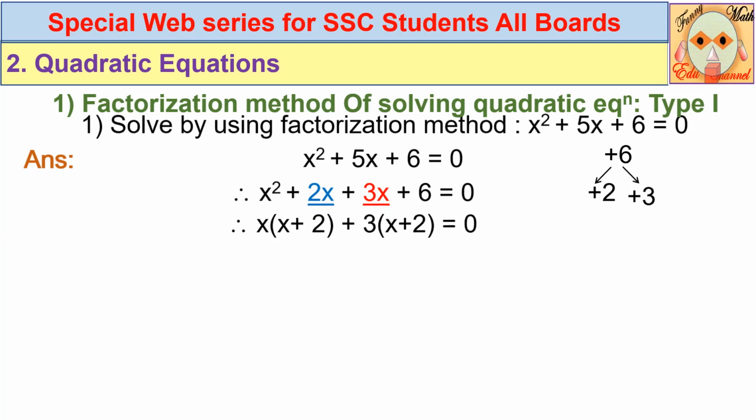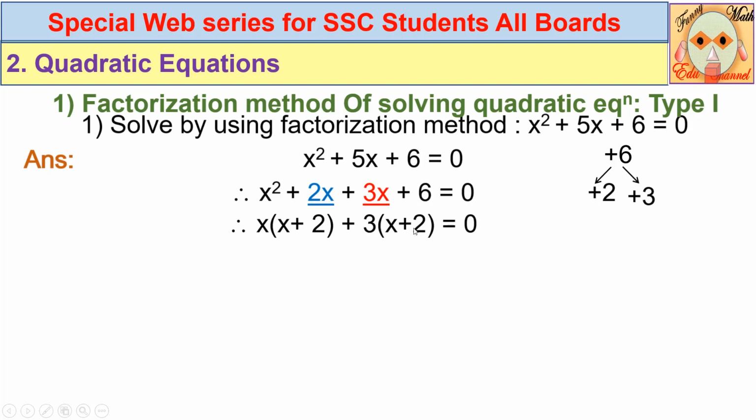Now, as I have told, here x square contains x into x, that can be written as x inside bracket x plus 2. This x is outside now and bracket completed, plus 3 number as constant. This x inside the bracket and 3 twos are 6.